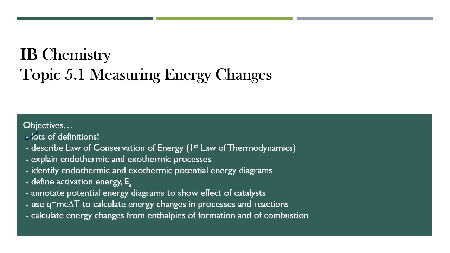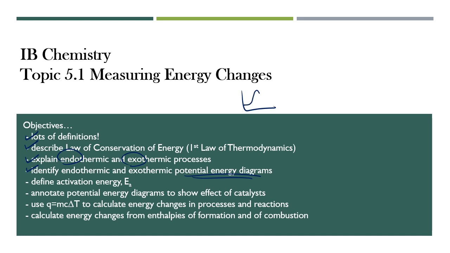We talked about so many words, enthalpy and heat. We talked about that first law of thermodynamics, our law of conservation of energy. We explained that endothermic and exothermic processes exist, energy in, energy out. We looked at how we can find endothermic and exothermic on potential energy diagrams.